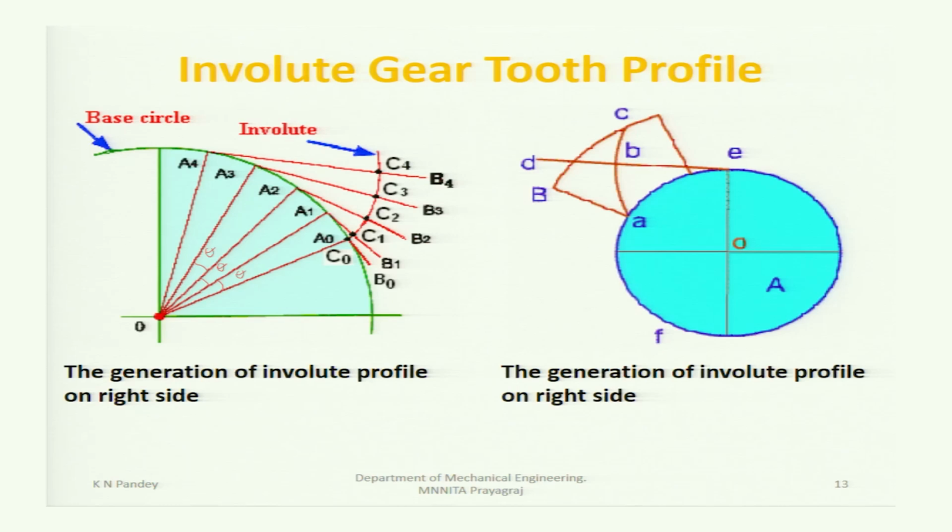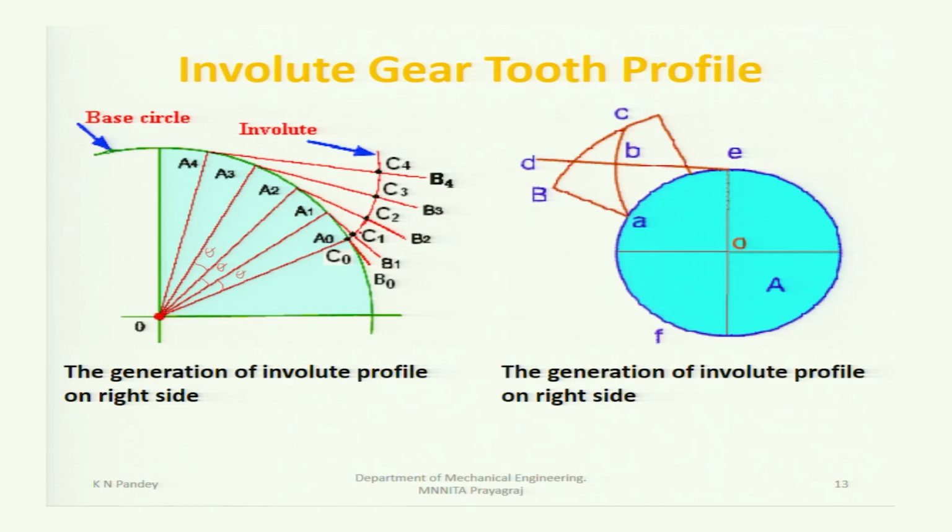Now along A1 B1 cut a distance A1 C1 which is equal to the arc A1 A0, and thus you are getting a point C1 along A1 B1. Similarly, on the tangent A2 B2 cut a distance A2 C2 which is equal to the arc A2 A0.